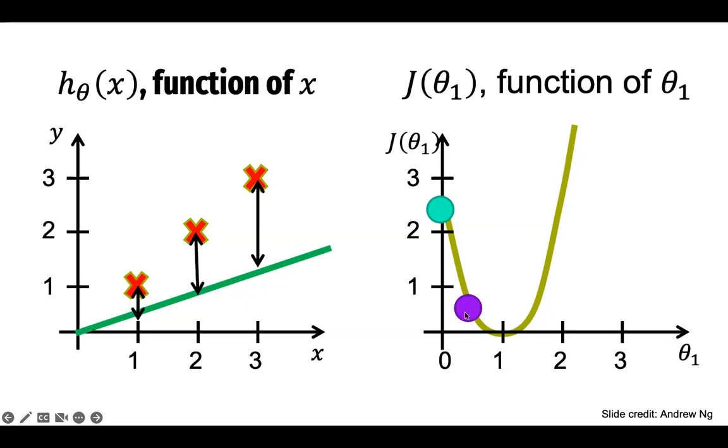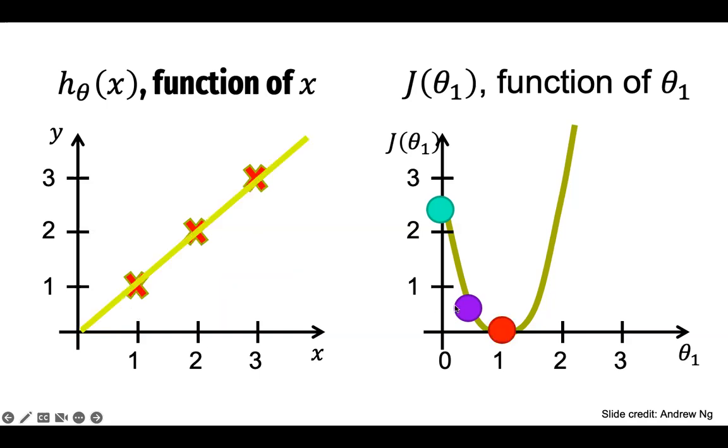So now that theta is here, the cost has also decreased. Now, we can see that the line lies very close to the data points, and the cost has also reached the global minimum. Again, this is in response to the change in theta.